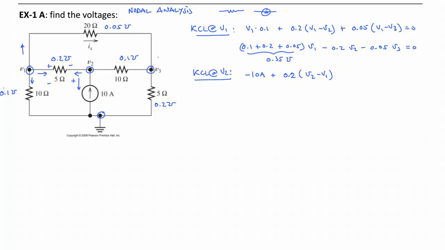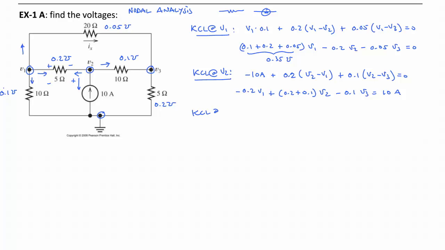And then lastly, current leaving to the right through the 10 ohms, so that's going to be plus 0.1 times V2 minus V3 is equal to 0. We can collect terms again. We will have minus 0.2 V1 plus 0.2 plus 0.1 V2 and minus 0.1 V3, all of that equal to 10 amps.